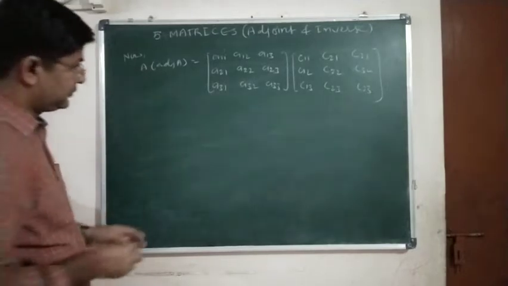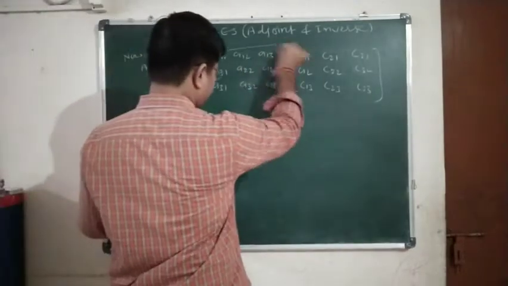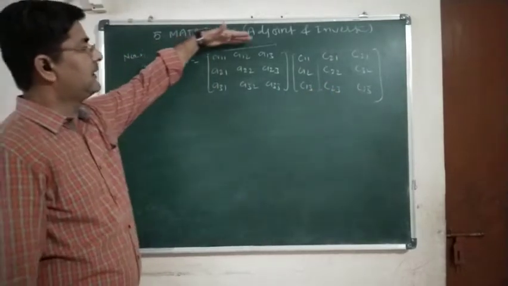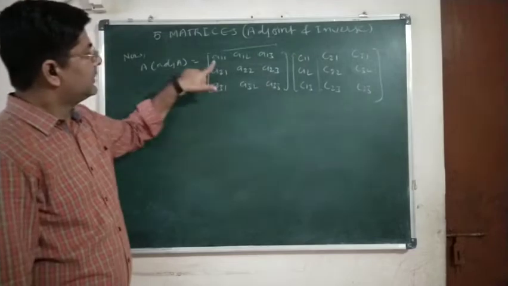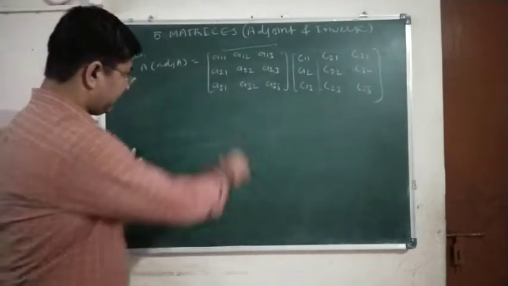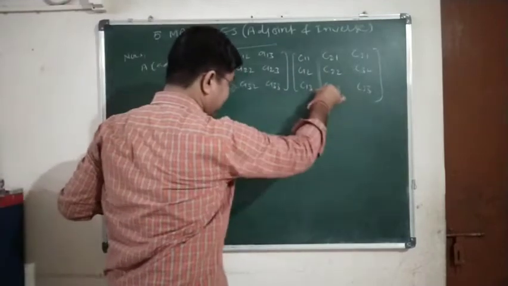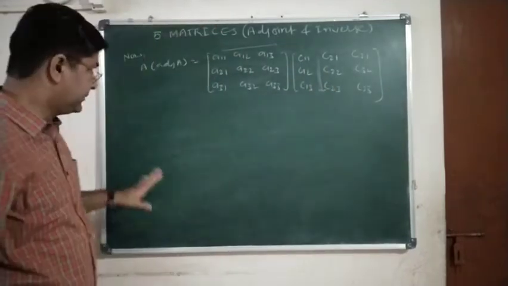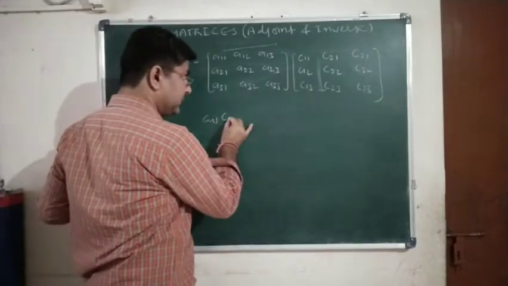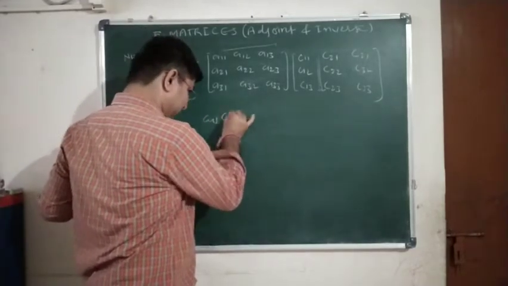Clear? So you know how we multiply row into column. When you multiply the first row with the first column, A11 C11 plus A12 C12, the product of the first row with the first column will give you the sum of Aij into Cij.